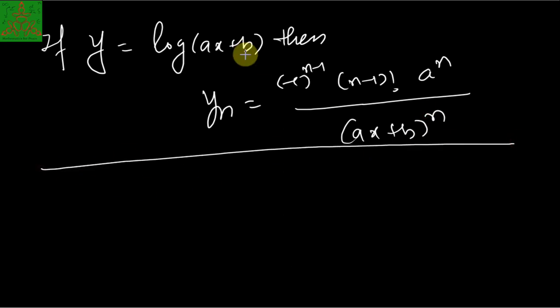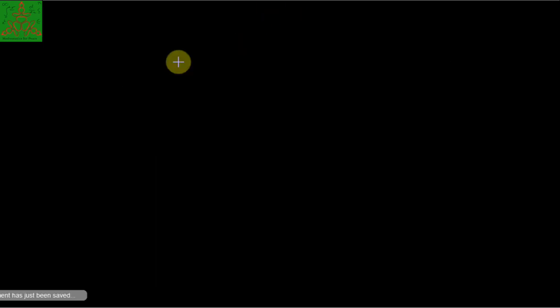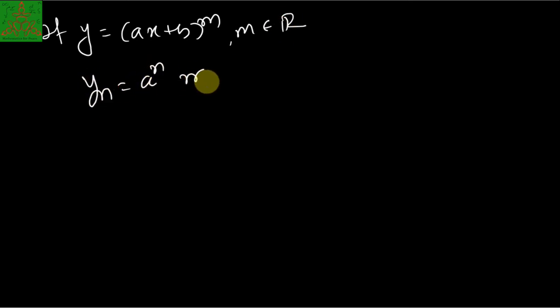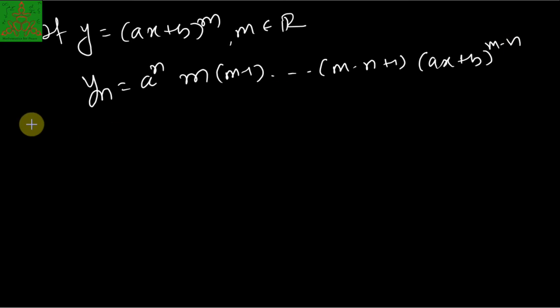So let us recall what we did in this lecture. We have derived a few formulas for the nth derivative, successive differentiation, of (ax plus b) power m. If m belongs to any real number, then yn is a power n into m into m minus 1 up to m minus n plus 1, (ax plus b) power m minus n.